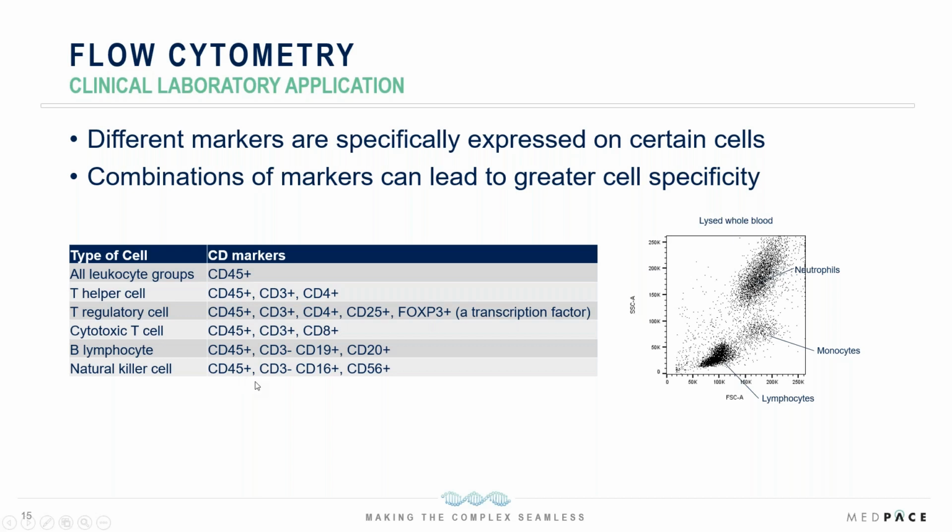So just with the addition of a couple of 3-4 antibodies, we can look at T cell subsets. And if we then combine that with the forward and side scatter that I talked about earlier, we can subgate on the lymphocytes or gate on the monocytes. So just with simple means, we have the capacity to look at specific cells.